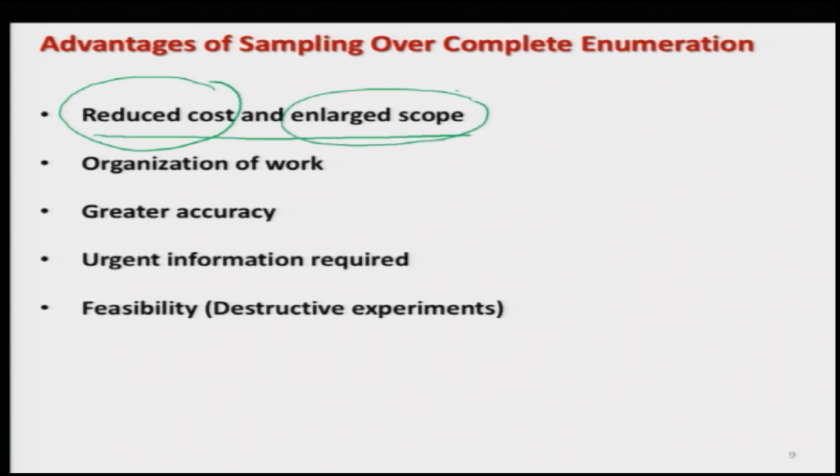What does this mean? When you are going to collect, for example, data on some person, you can also collect data on some more variables. Whatever data you have obtained in the sample has to be used for the defined objective, but there can be some more objectives which will also be satisfied by this data set.